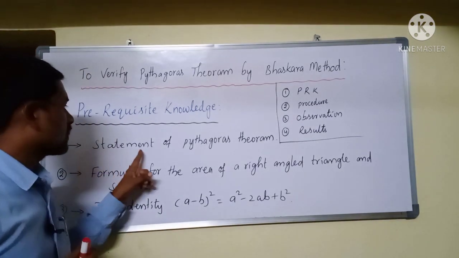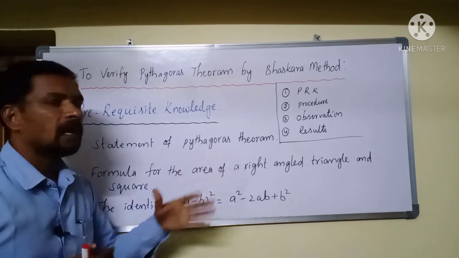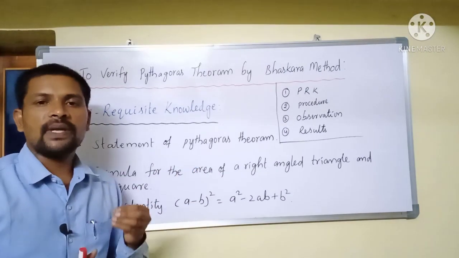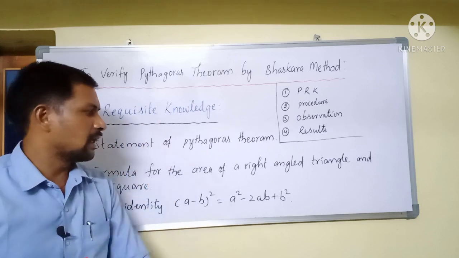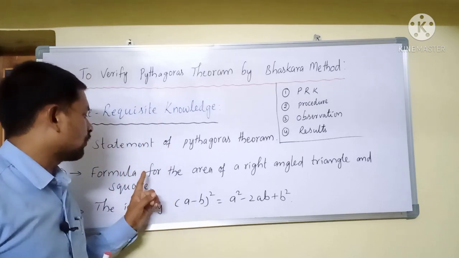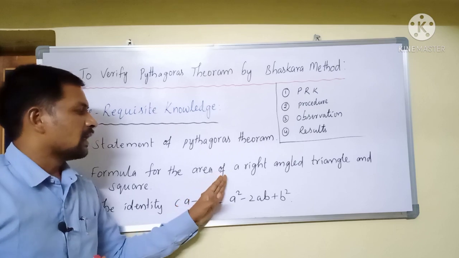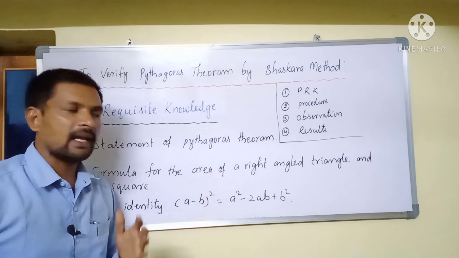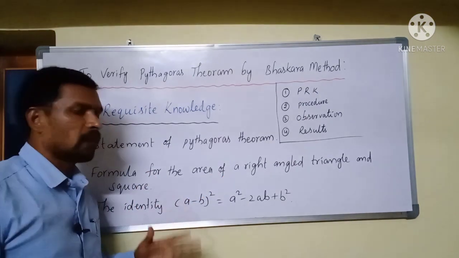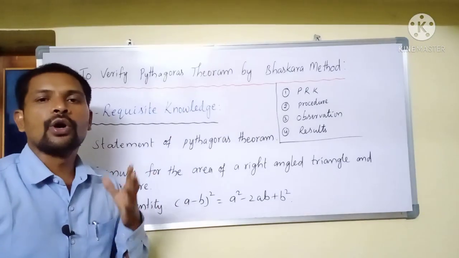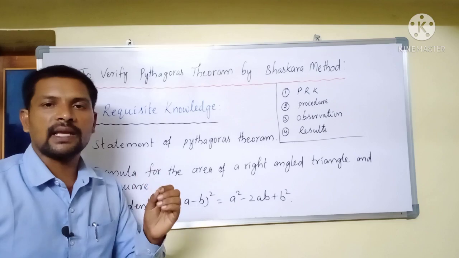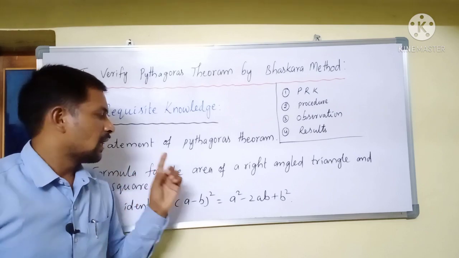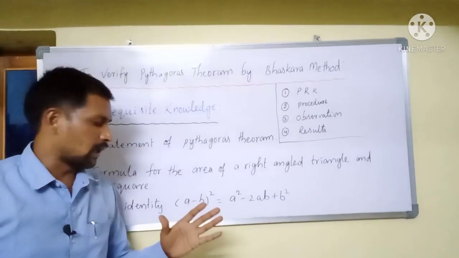First one is the statement of Pythagoras theorem, that means the definition of Pythagoras theorem. Second one, formula for the area of a right angle triangle and square. So we should know the formulas for the area of a right angle triangle as well as the area of a square.